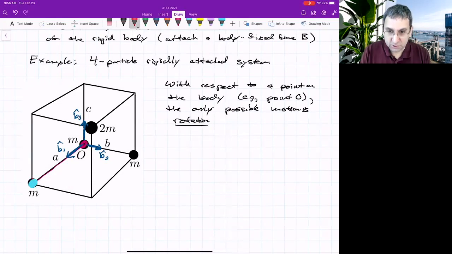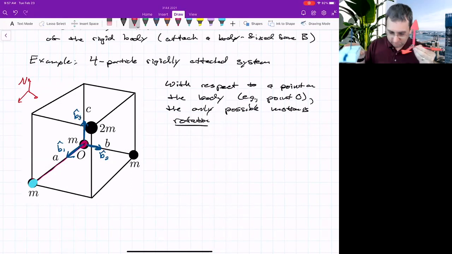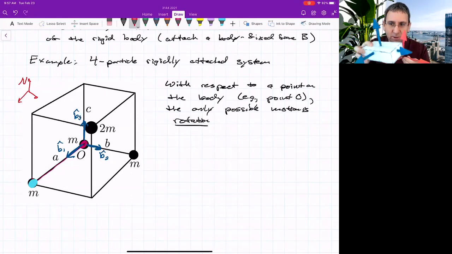There's also an inertial frame, and I know people get bent out of shape thinking of them being at the same origin or not. Just think of some reference directions that aren't moving, they're on the table. I have a table in front of me, and then we've got this frame that's attached to the body. The only possible relative motion is rotation.